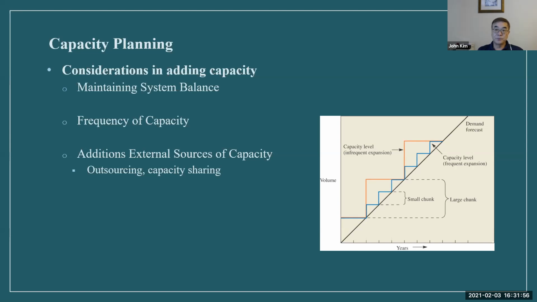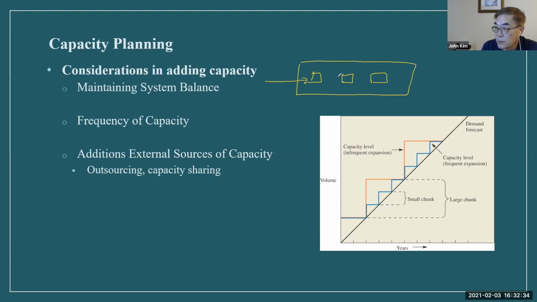Capacity planning. When we consider increased capacity, we should consider these things. First, maintaining system balance. If a system consists of multiple jobs, let's say three works, going this way.